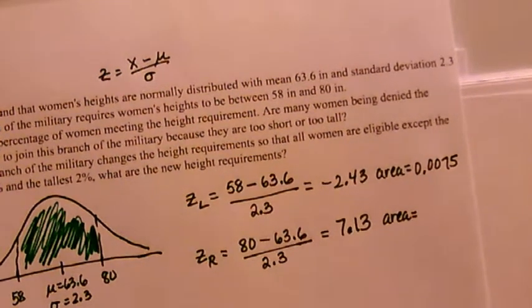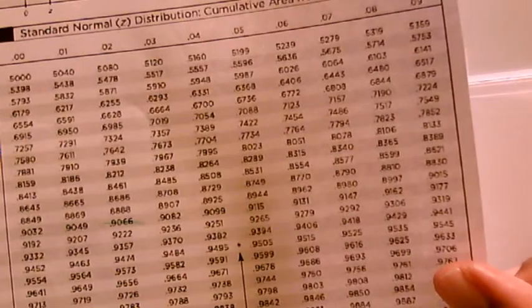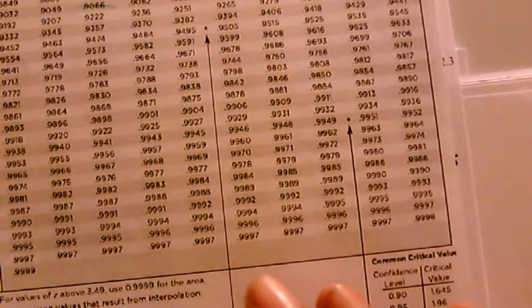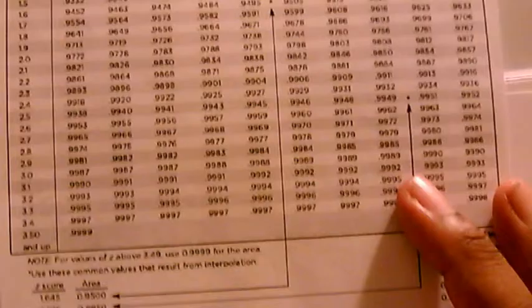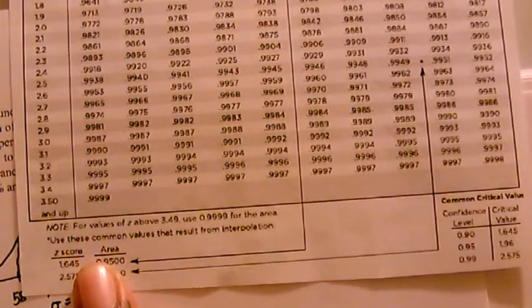Now, for the z-score 7.13, this one's a little bit different, because if you were to look under the positive z-scores, you're not going to find 7.13 on here. But you will find a note at the very bottom of this chart, and it clearly states for values of z above 3.49, use 0.9999 for the area.